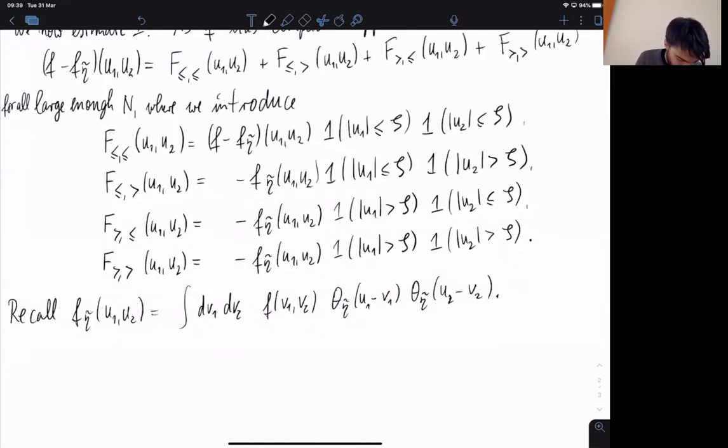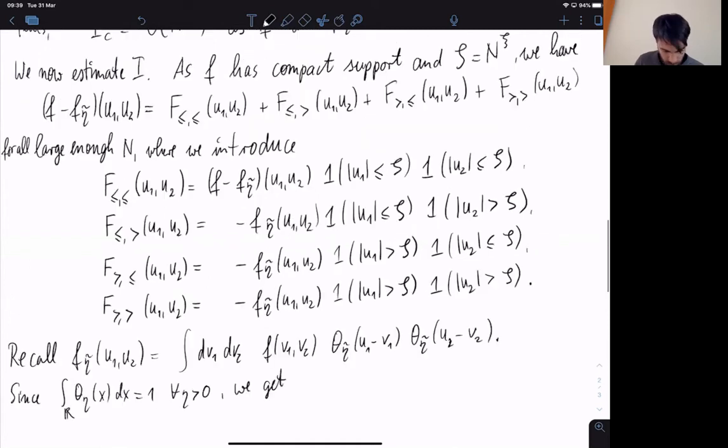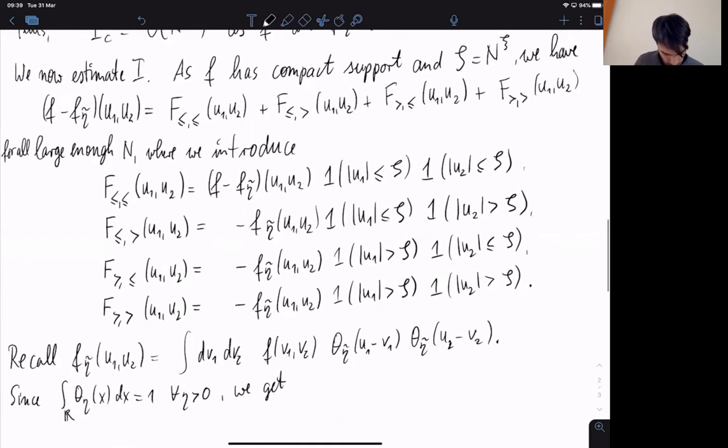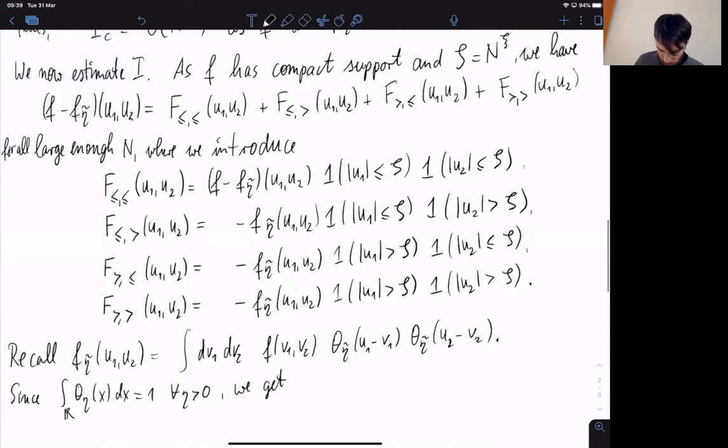And now we use that these kernels are normalized, so the integral of theta eta of x dx is 1, if I integrate over all of R, for all eta. Maybe you can take another picture now.